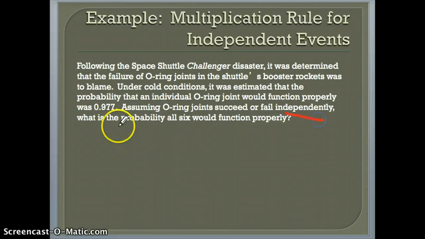So they're telling you these are independent. Whatever happens in the first joint would not affect the second joint or the third or the fourth and so on. So we have to find the probability of joint 1 being okay, and joint 2 being okay, I'm saying okay, they're saying function properly, and joint 3 being okay, all the way to joint 6 being okay.